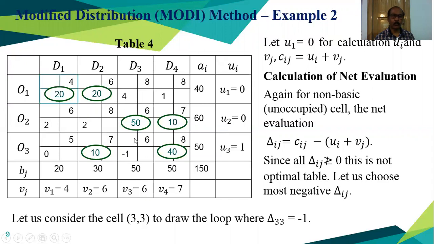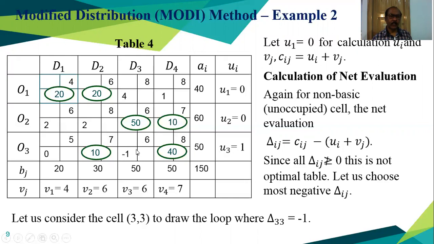So this should be 2. 6, 0, 8 minus 6. This should be 2. 8, 7 plus 0. This is 1. Okay. Now here 4, 6 minus 4 is 2. 8 minus 6 is 2. Here this is 0. 4 plus 1, 5, 5 minus 5 is 0. Here 6 and 1, 7. So this will be minus 1.